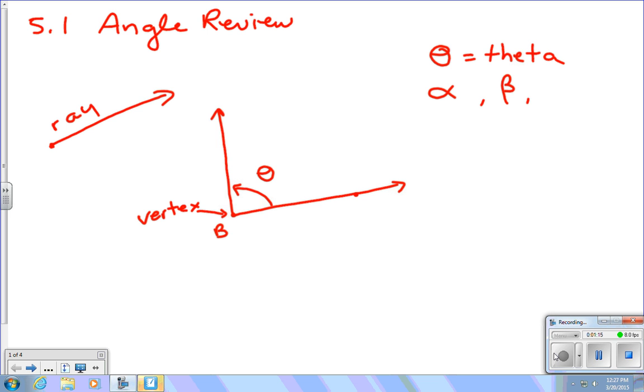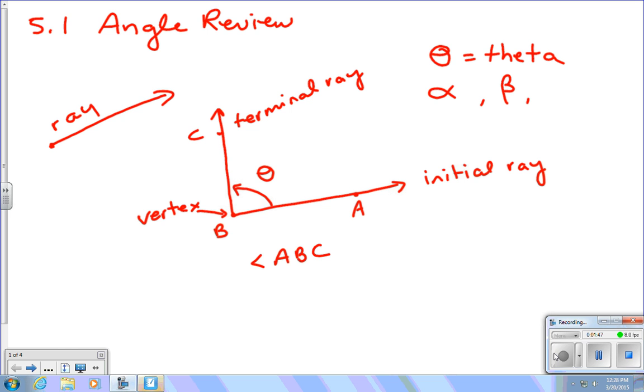So this is a point along this initial ray here, and we'll call that point A. And this is the initial ray because it's where the angle has started. Okay, notice the direction of the arrow, and then this is the terminal arm or the terminal side or the terminal ray of the angle, and we'll call the point that's on that ray C. So this is angle ABC.